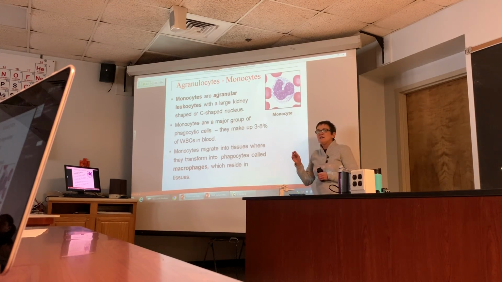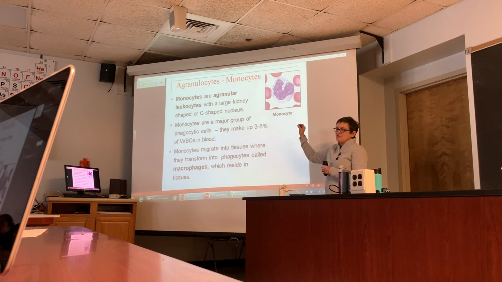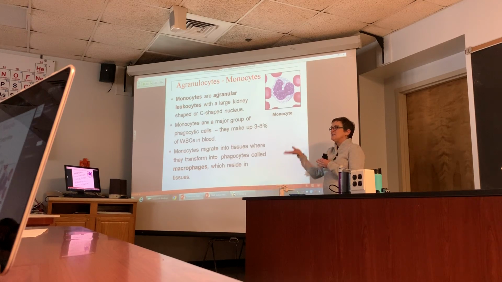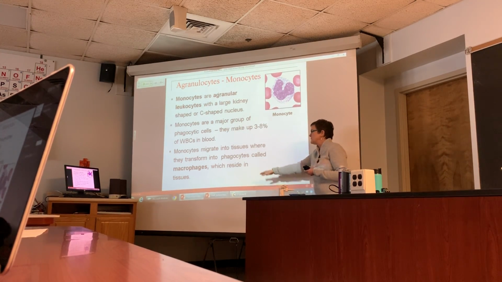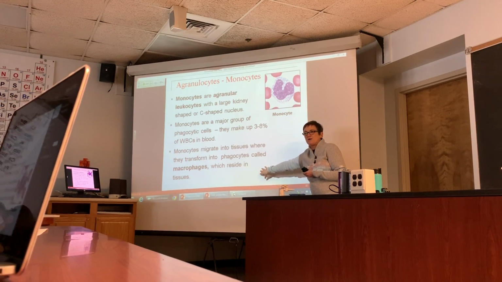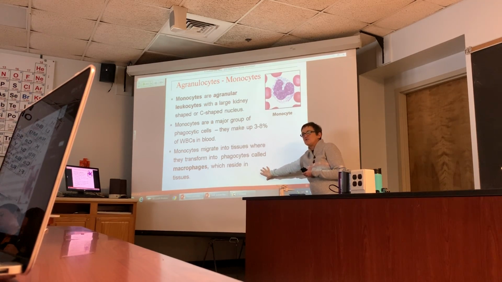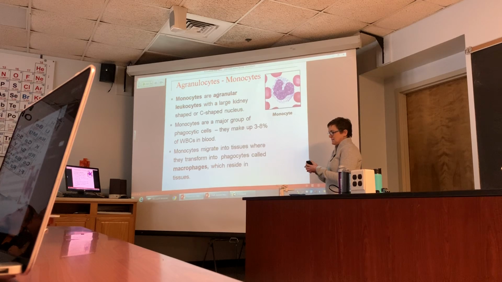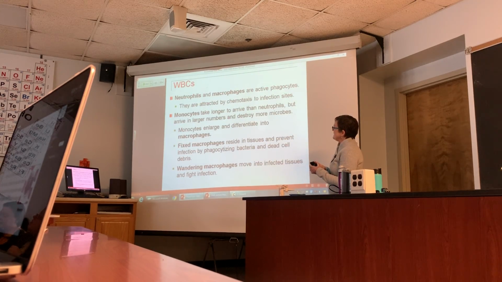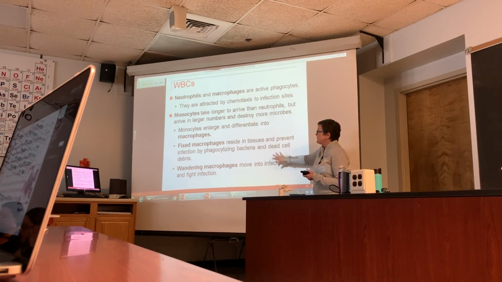But monocytes are found in the bloodstream. And when they move out into tissues, they grow in size and transform into phagocytic cells called macrophages. So macrophages come from monocytes. And so there are two kinds of macrophages in your tissues.